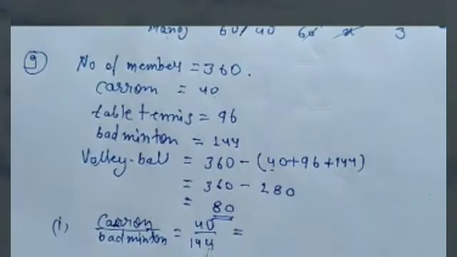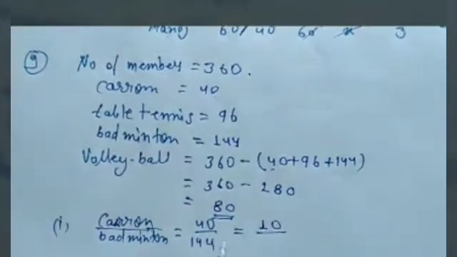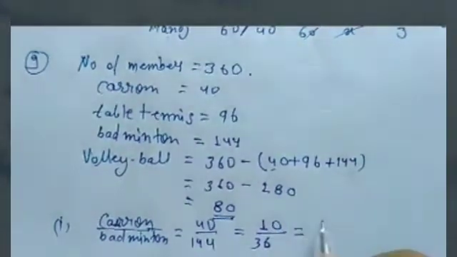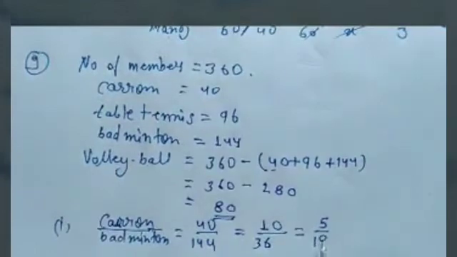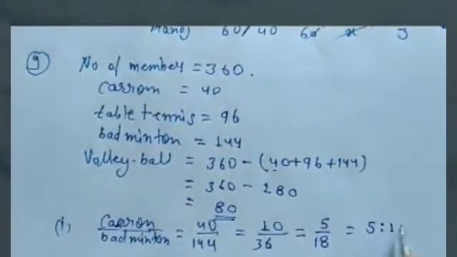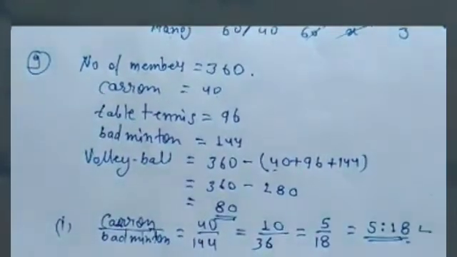Cancel, it will be cancelled by 4. Both the numbers will be cancelled by 4. 4 1s are 4, 4 10s are 40, and then 4 3s are 12, 2 remains, so this is 24. 4 6s are 24, both will be cancelled by 2 again. 2 5s are 10, and 2 18s are 36. It means this will be 5:18. This is the answer of point 1.